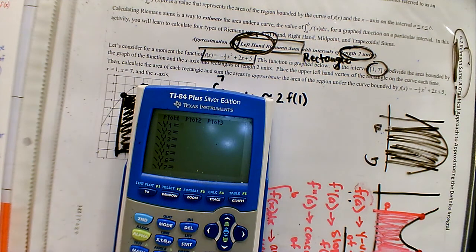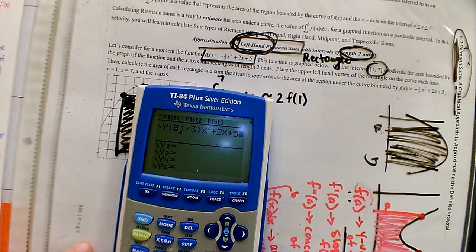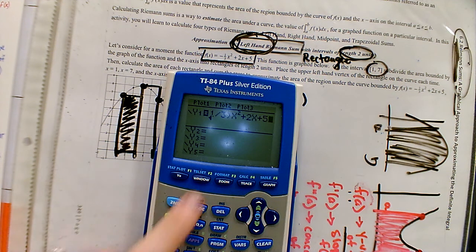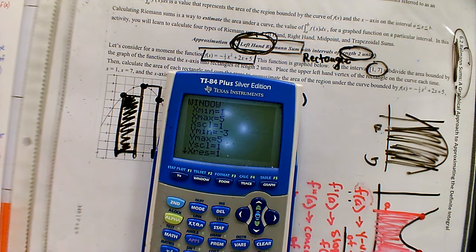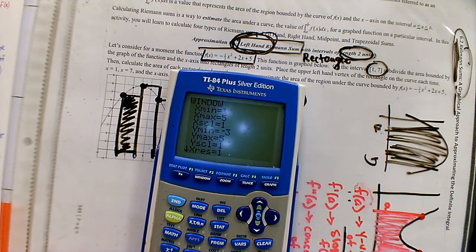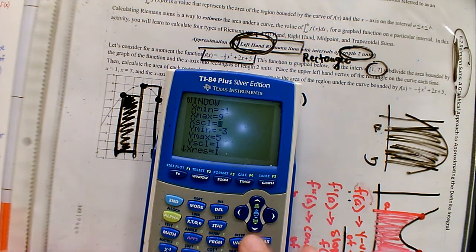I want you to go to y equals, type in the function, and we'll make the window the same as what's on our paper. So we go from -1 to 9 on the x-axis, and looks like the same for the y.